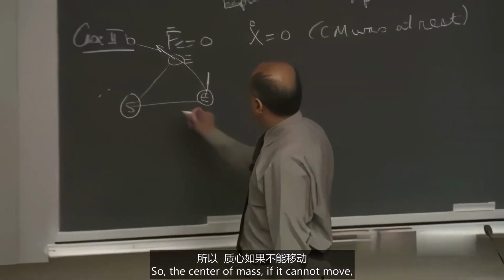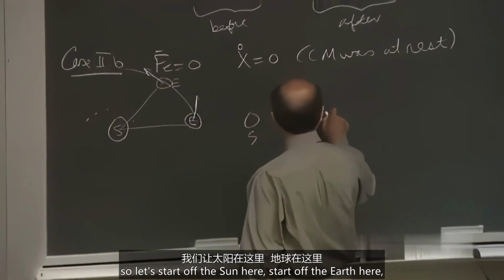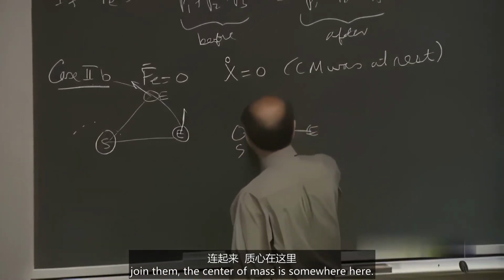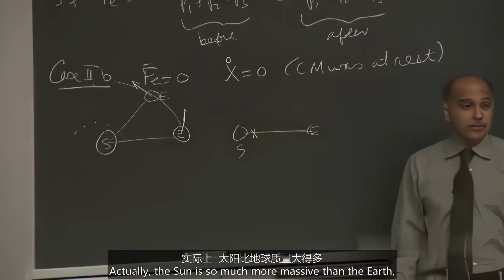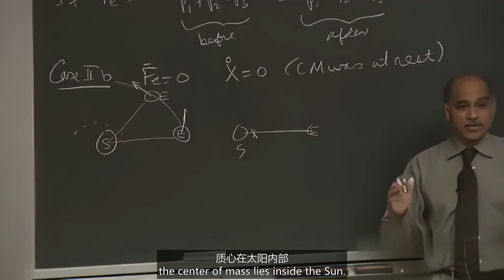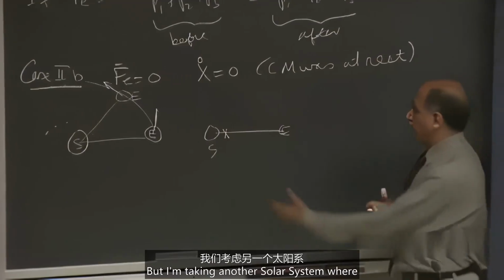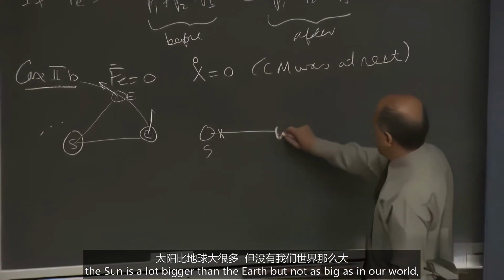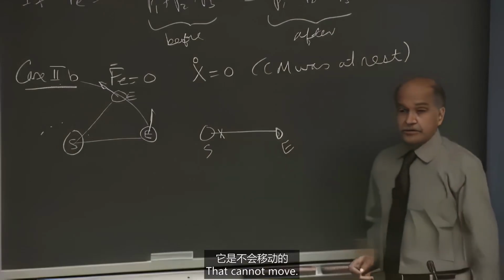So the center of mass, if it cannot move, so let's start off the sun here, start off the earth here, join them. The center of mass is somewhere here. Actually, the sun is so much more massive than the earth. The center of mass lies inside the sun. But I'm taking another solar system where the sun is a lot bigger than the earth, but not as big as in our world, so I can show the center of mass here.